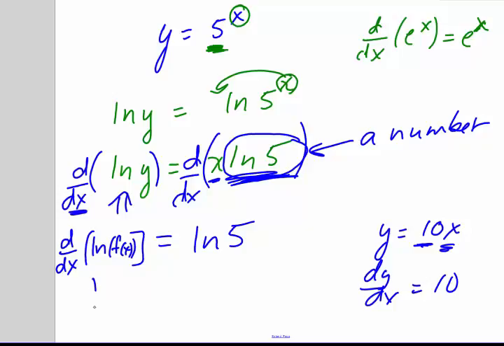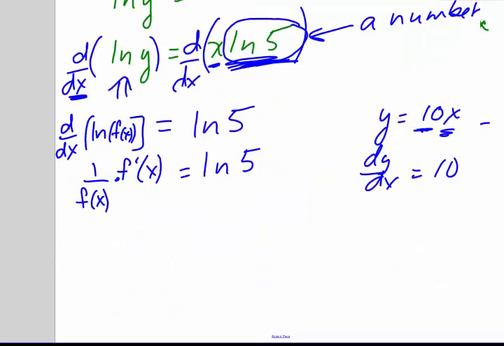We said 1 over f of x times the derivative of the inner, which equals the same thing that we had on that other side there. Okay, well, let's keep going with this. Let's just keep it f prime of x over f of x equals ln 5.